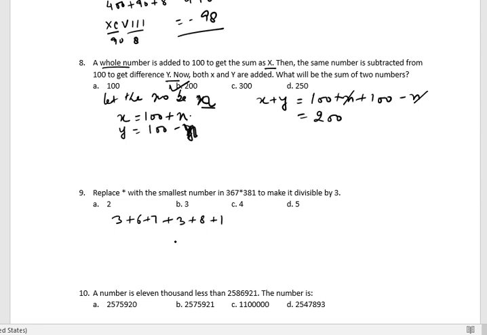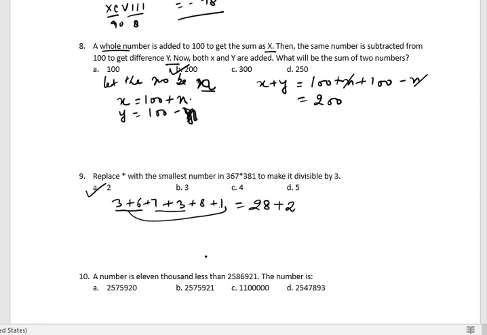So 3 plus 7 is 10, 6 plus 3 is 9, 9 plus 1 is 10. So 10 and 10, 20 and 8, 28. So which is the next number nearest to 28 which is divisible by 3? So that is 30. So what we have to add here to make it 30? So the right answer is A part, that is number 2. I hope it is clear.